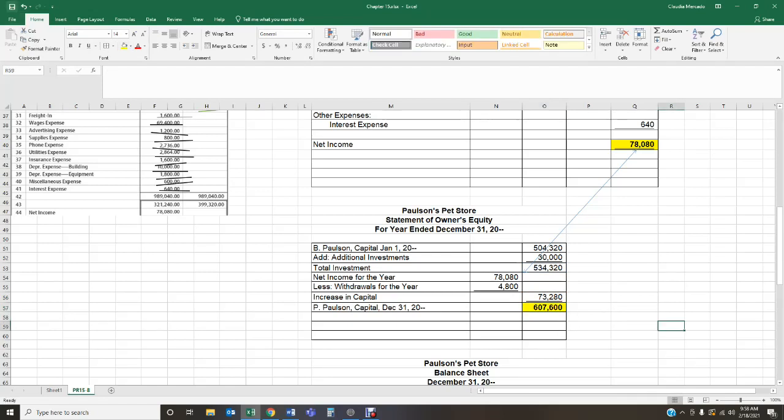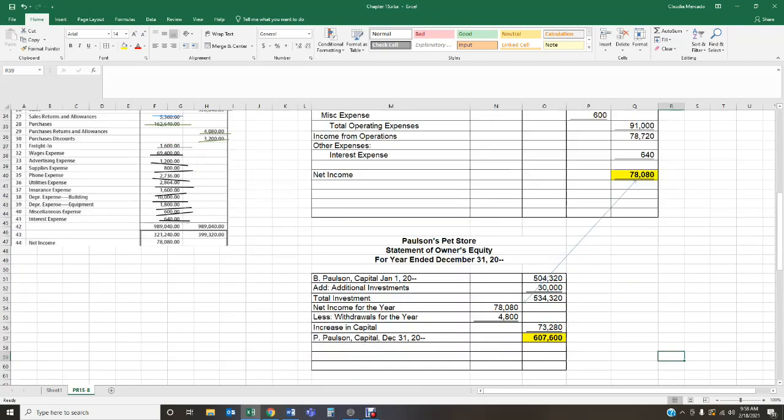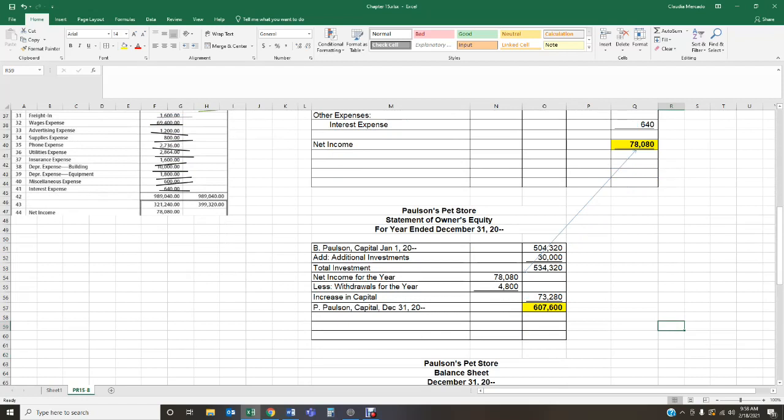Okay. So this is my owner's equity. You start off with your beginning capital. Make sure that you compare your beginning with your ending, subtract to get your additional investments for the period. Then you have your total investment. That $534,320 should give you the same amount that you have on your capital account. Okay. And then you bring in your net income from your income statement.